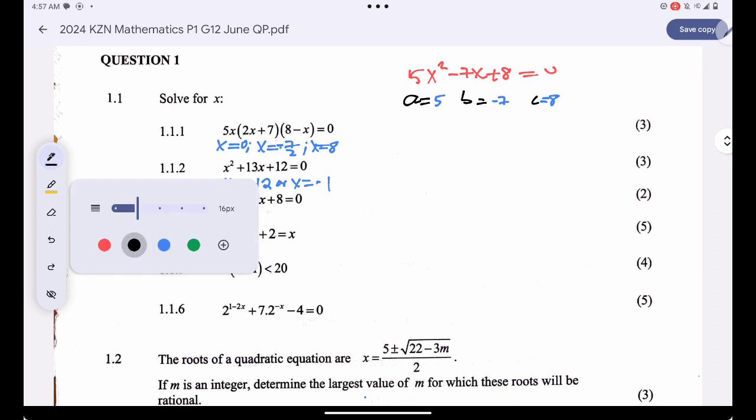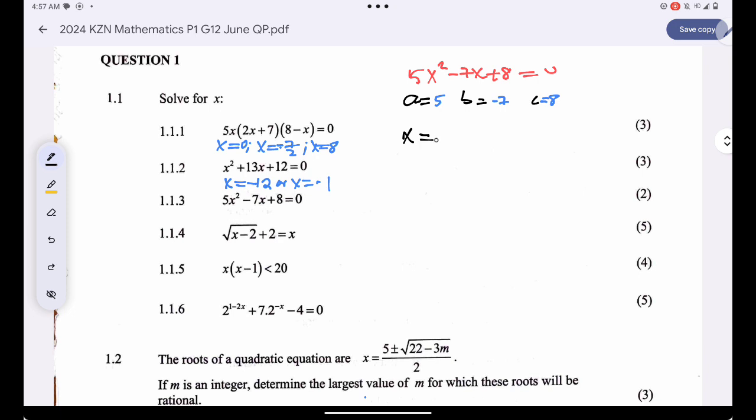And then we know that x is equal to minus b plus or minus the square root of b² minus 4ac, all over 2a, right?